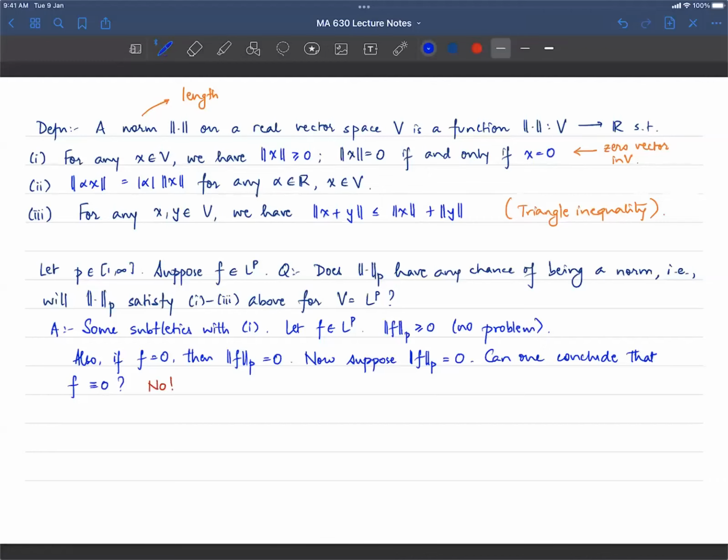The best one can say, what you can safely say, is that f is 0 mu almost everywhere, but no more than that. We cannot say that f is actually the 0 function. So one way to handle this is to introduce something called equivalence classes. Basically, you have a bunch of objects and you define a relation, and you say these two objects are the same if such and such relation is true.